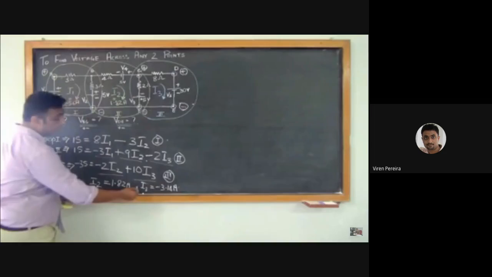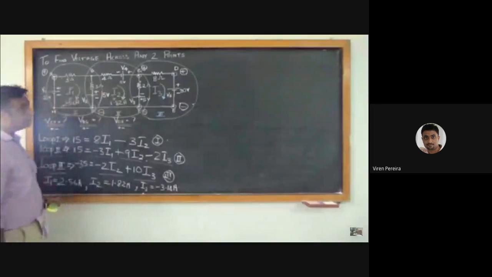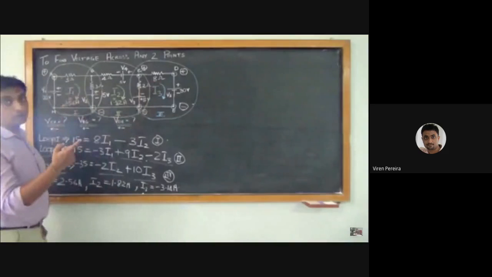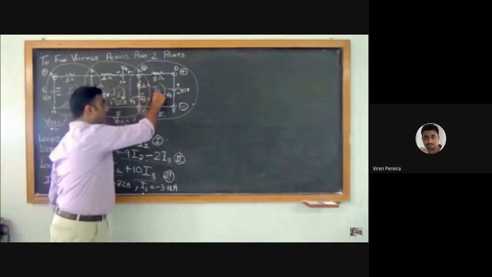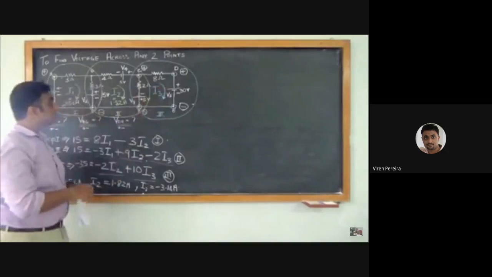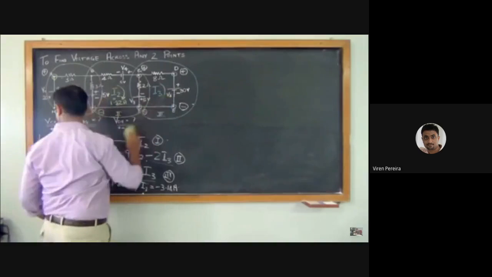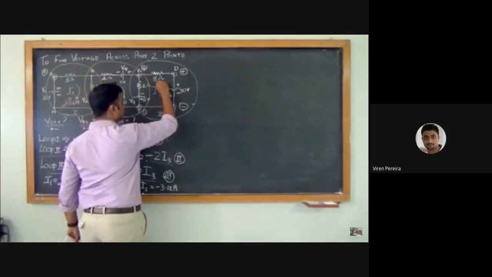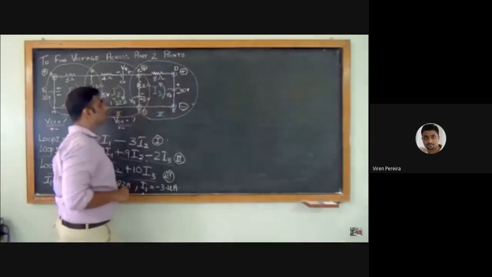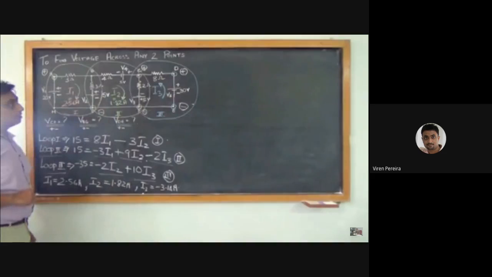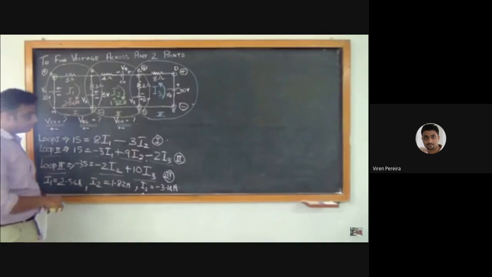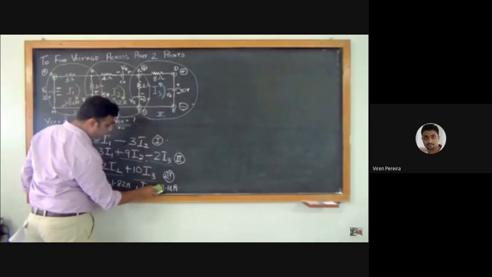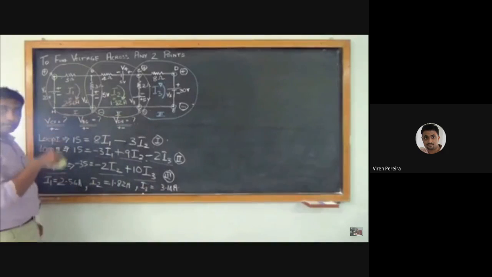Now, if we get a negative value, that means whatever direction we have assumed for I3 is wrong. So if I have assumed the direction for I3 in clockwise, then actually the direction is not clockwise, it is anti-clockwise. So I change the direction to anti-clockwise. Once I change the direction to anti-clockwise, this minus 3.14 will become plus. So in your next step, you have to again write down the currents.